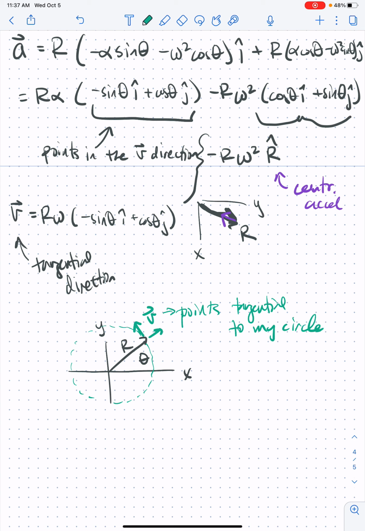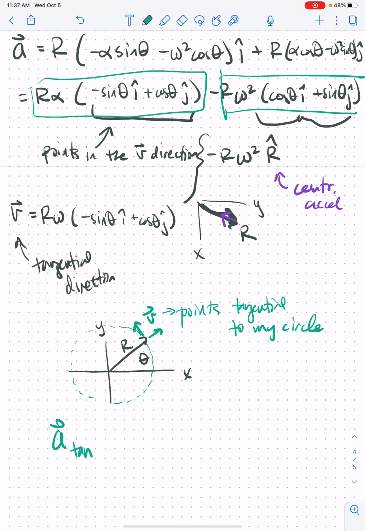So this last term we're going to call the tangential acceleration, and that points in the tangential direction of the circle. And this other term we call the centripetal acceleration, and it points toward the center of the circle. And so these were what we would have expected.